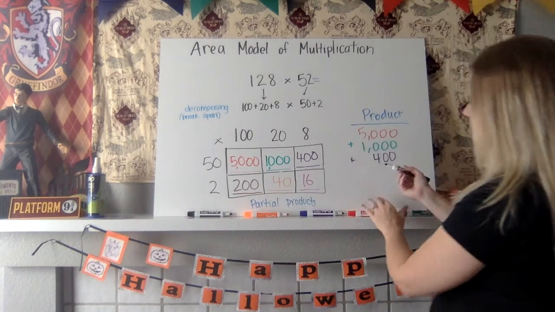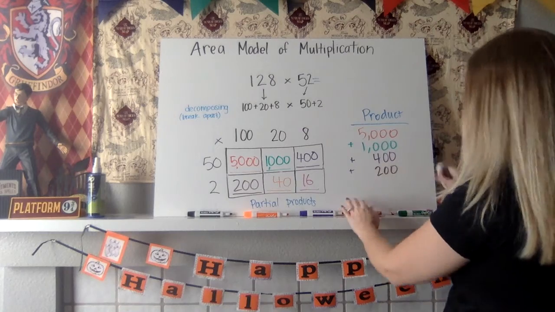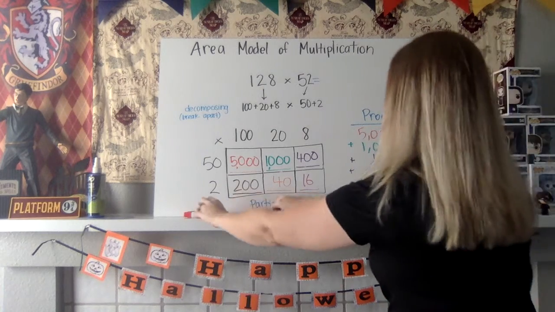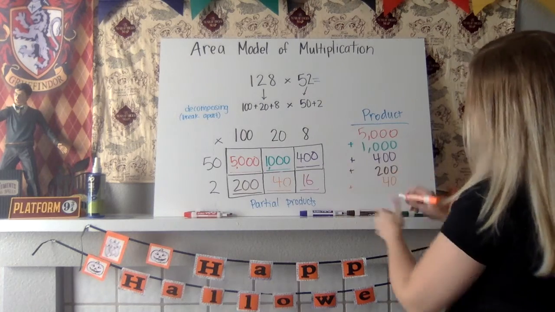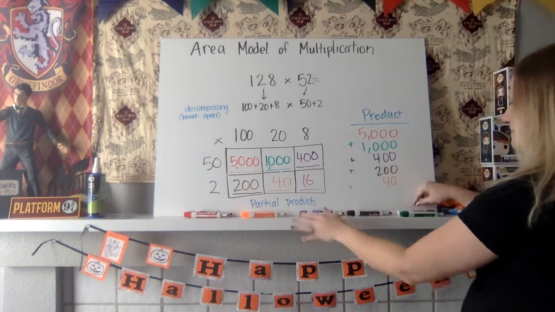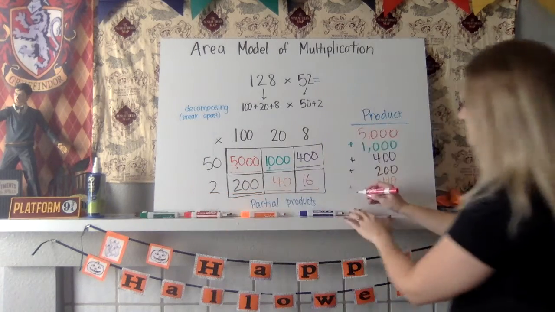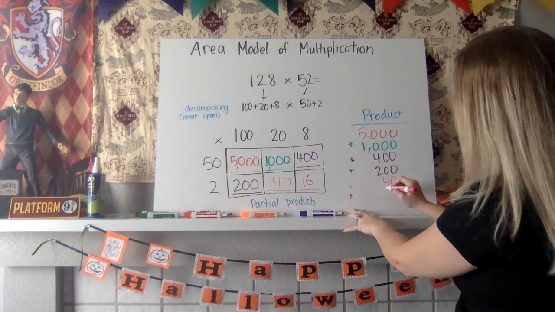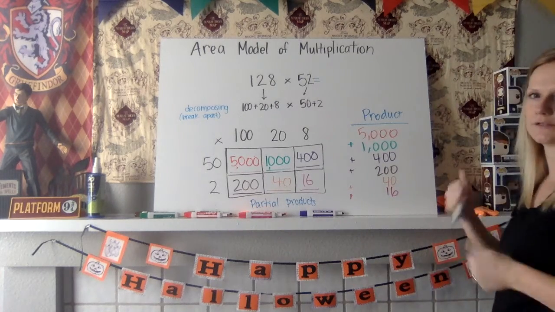Plus 200. Plus 40. Okay, my numbers are still lined up. Plus 16. So I'm just copying that last box. And now I'm going to write my answer. My product, your total product, okay?